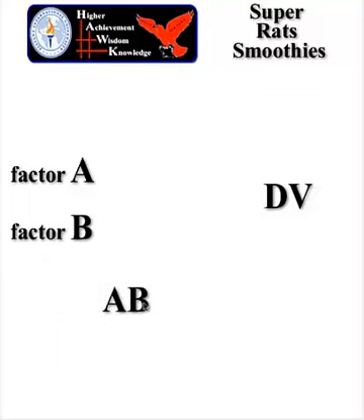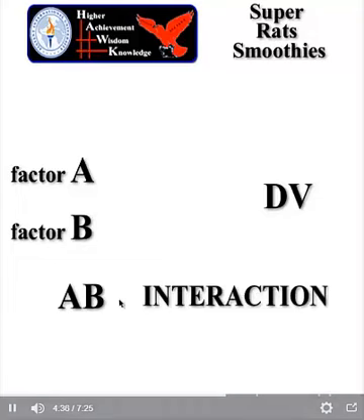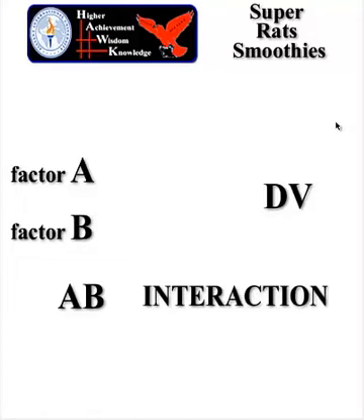So the new thing that we have to check, the new variance, right? That's what ANOVAs do. It analyzes the variance. It is what we call AB. Okay, that is the interaction variance. So we've got to see if that is happening with our study. Interaction. That's the difference between a one-way ANOVA and a factorial ANOVA, right? You've got to see if they're working together somehow.